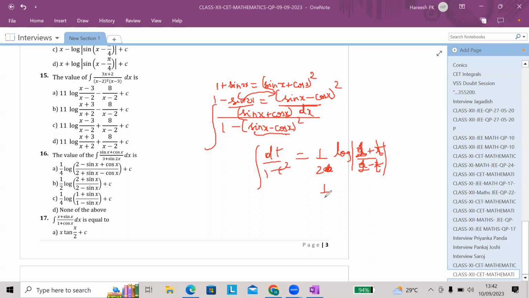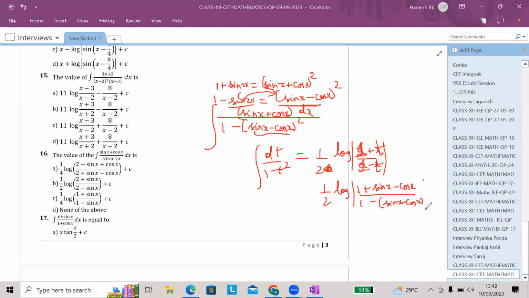So we end up getting 1 by 2 log of 1 plus sin x minus cos x by 1 minus sin x minus cos x.